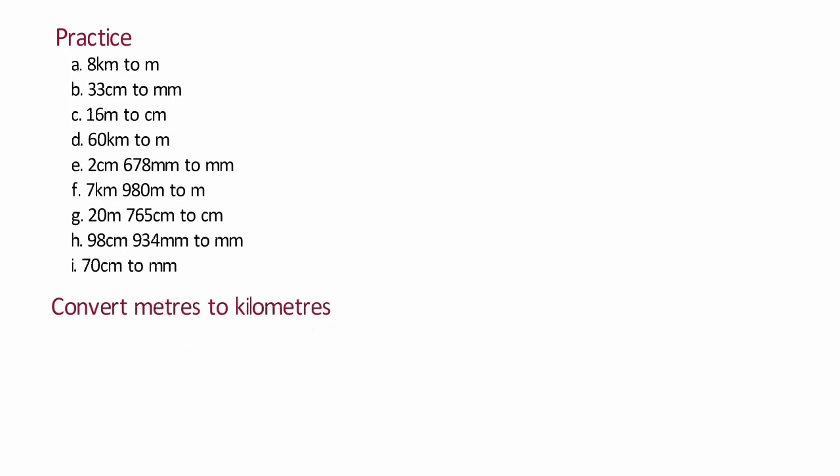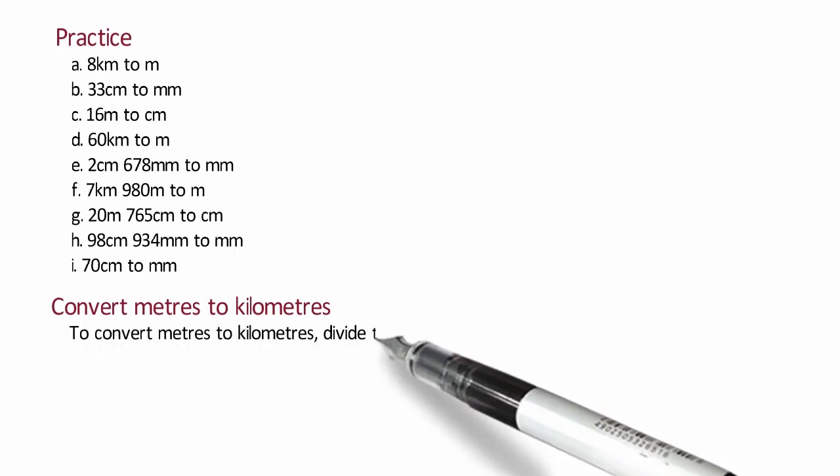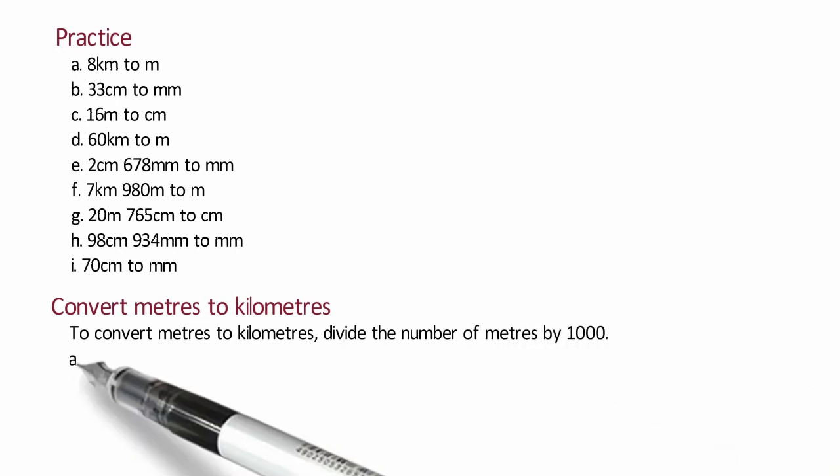Convert meters to kilometers. To convert meters to kilometers, divide the number of meters by 1000.